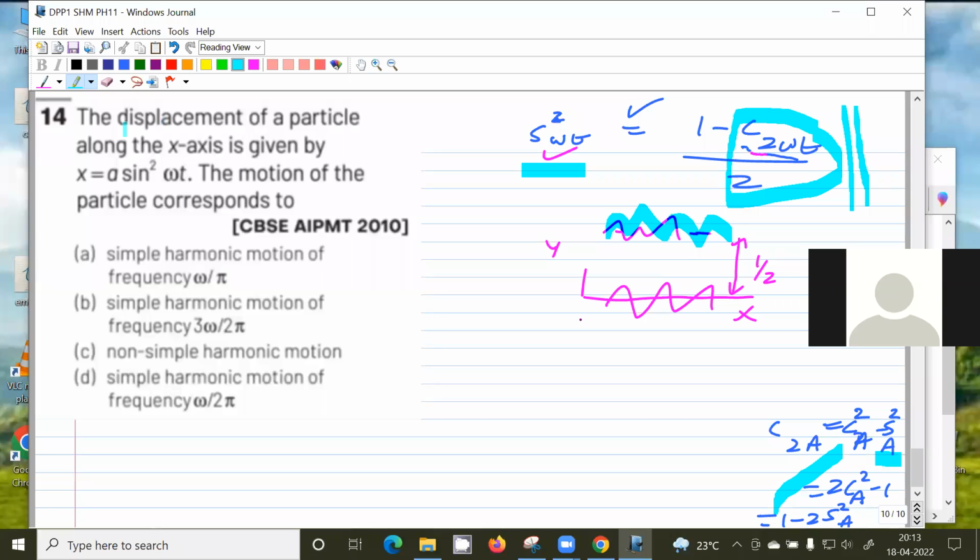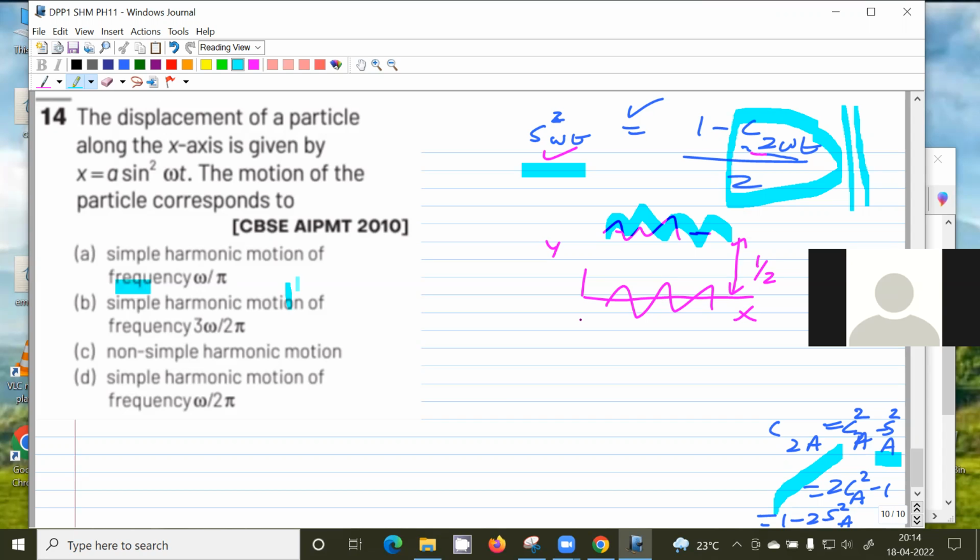Okay, this 14th one. Simple. Yeah, just now I explained this. Pi by omega. Option A, sir. Yeah, but the frequency will be doubled. It will be 2 omega. This frequency means he's writing the time frequency.